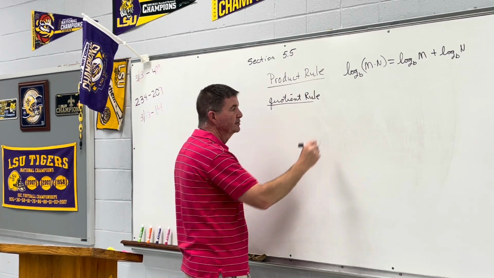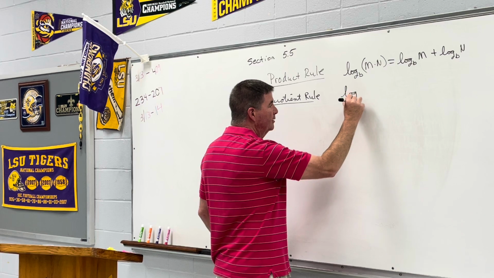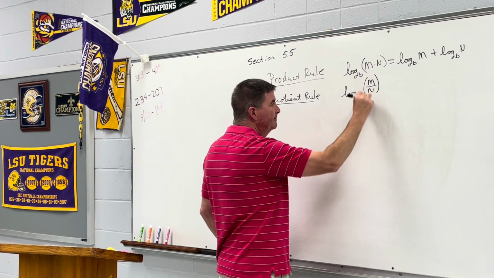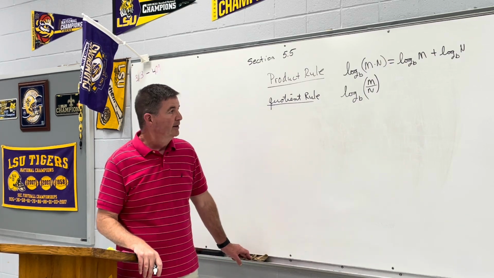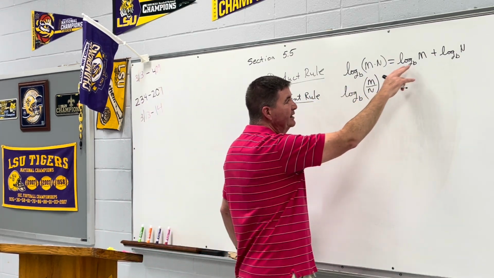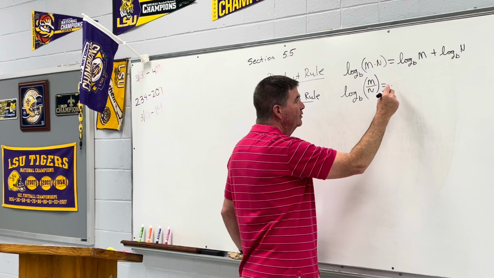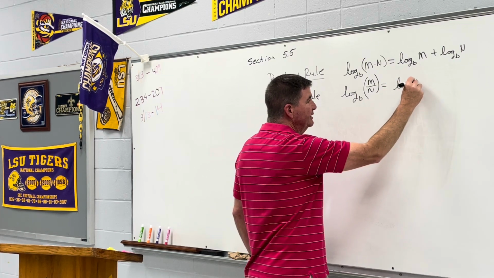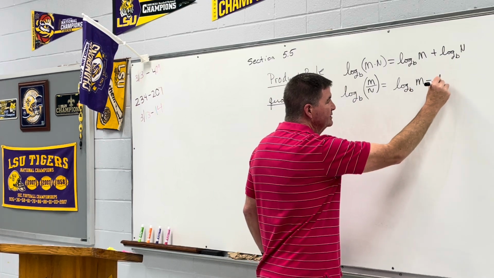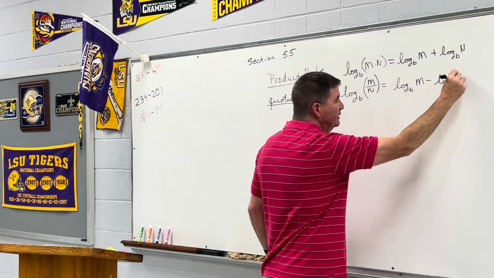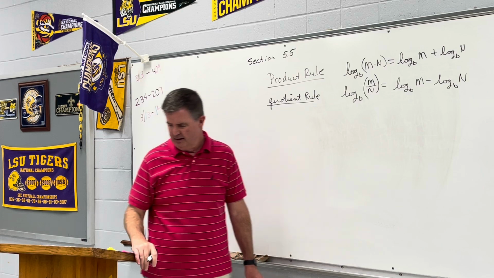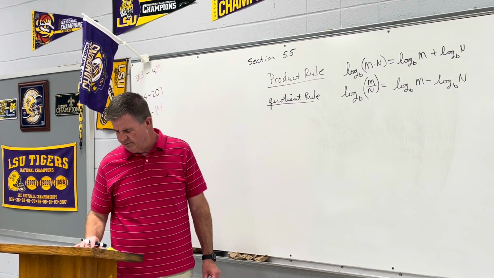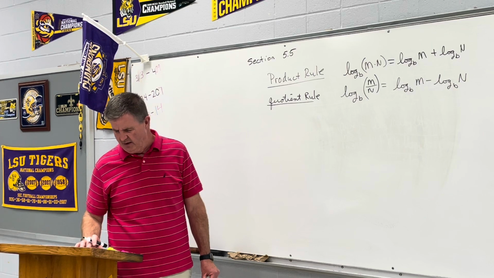So the quotient rule states that log base b of m over n, well, if the product means we add them, then the quotient means subtract them: log base b of m minus log base b of n. And again, it's going to say use the quotient rule in order to expand the log.